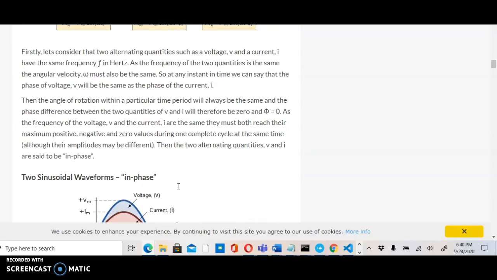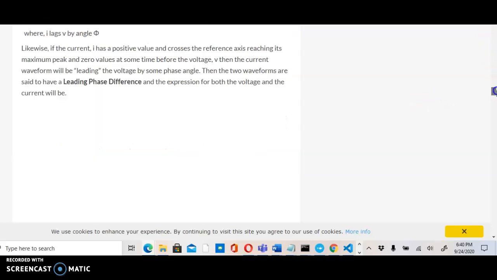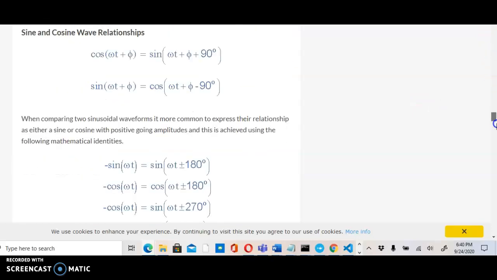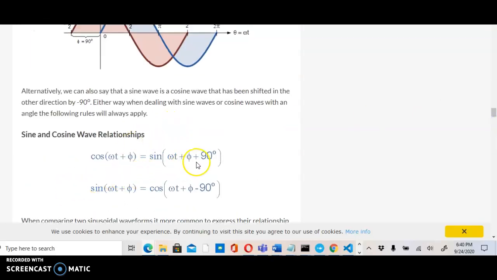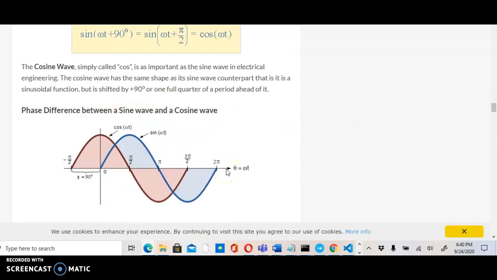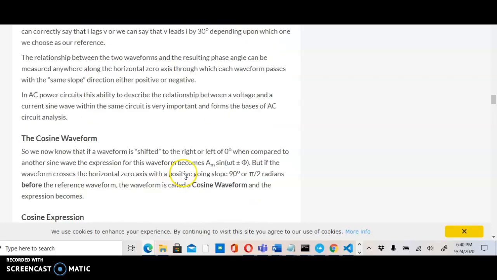This is the phase difference. Cosine of omega t is sine of omega t plus theta. Wave relationship, you can see it's going from negative pi over 2 to cosine to down, and 3 pi over 2 sine and 2 pi.